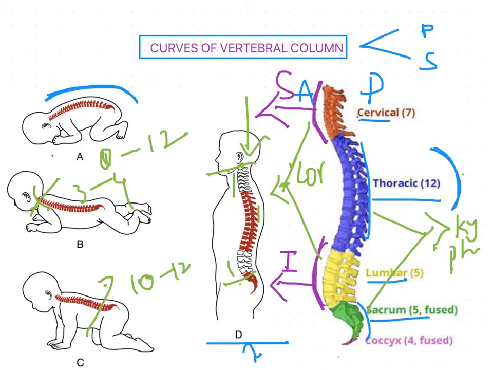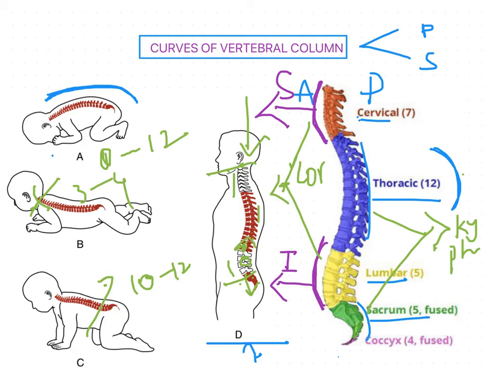Changes in the position of any one segment will result in changes in the position of the adjacent or inferior segment. For example, if there is a change in one segment of the lumbar region, it causes changes in the adjacent superior segment as well as the adjacent inferior segment.